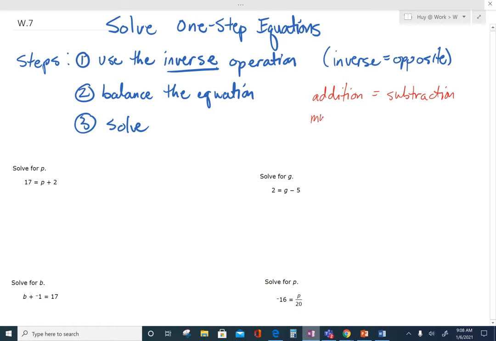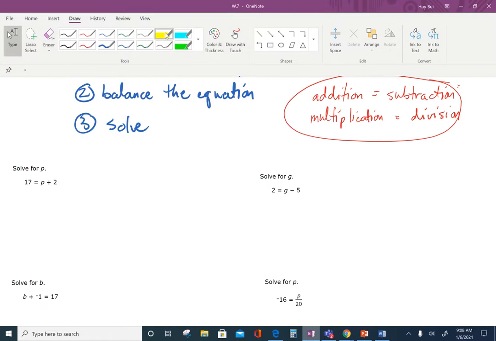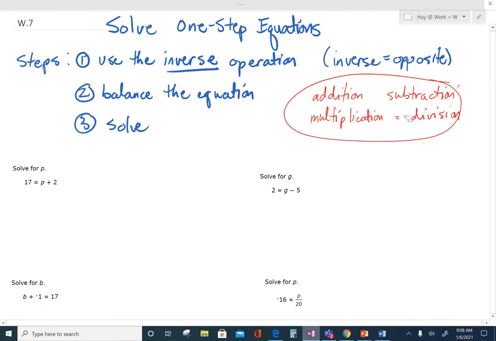And if we have a multiplication problem, then the opposite is division, okay? So these are what we call opposite pairs: addition, subtraction, multiplication, division. I actually don't think I should be using an equal sign for that because they're not equal, they're just pairs. So let me do a little slash between them, okay?